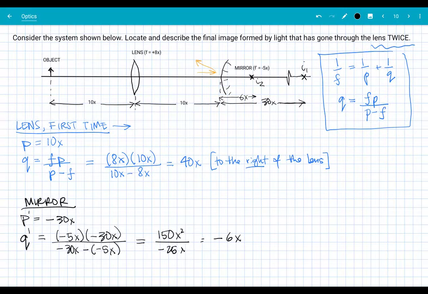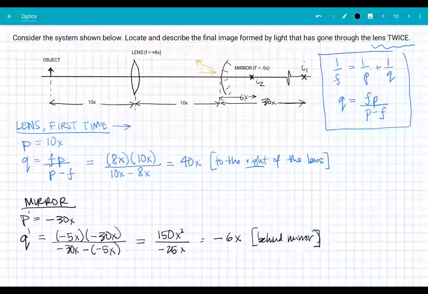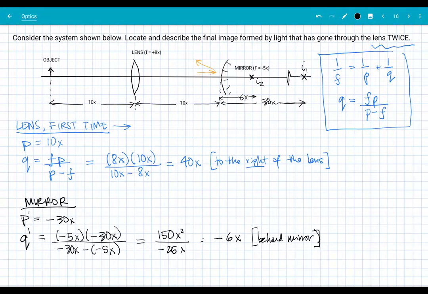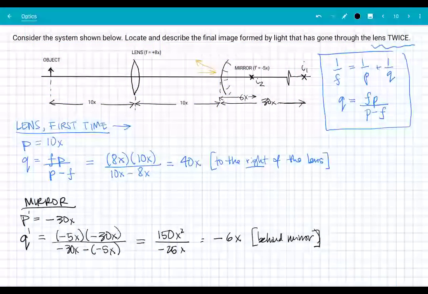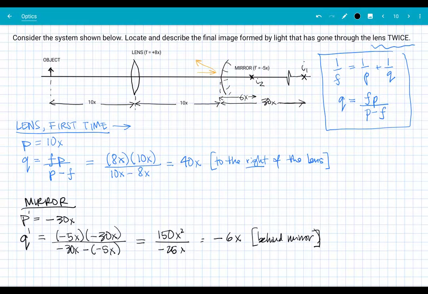Again, that helps you stay in touch with what's going on in the problem itself. This is what we often call behind the mirror. You could say to the right of the mirror too, but behind the mirror makes it really clear that we're not on the shiny side of the mirror. Good. So now we've gone through the mirror, and now we're looking at image 2.